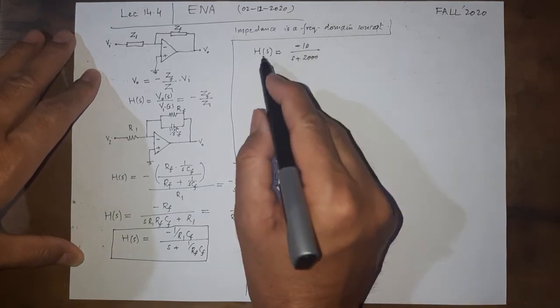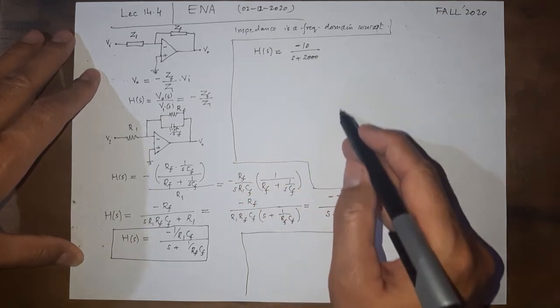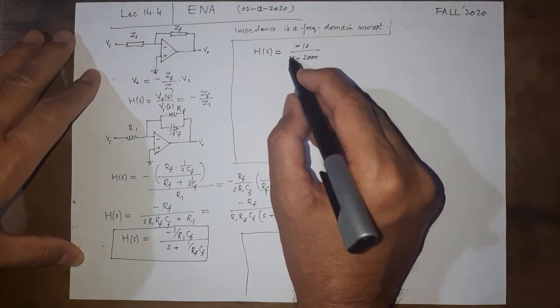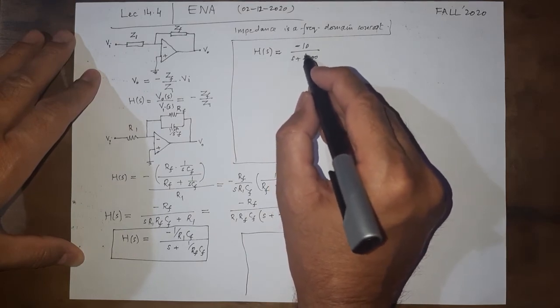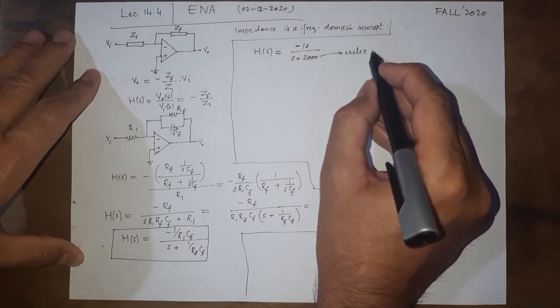He says, I need a circuit with this H of S. Now just compare this with this. Remember, when we have the coefficient of S to be 1, whatever is here is known as the critical frequency.